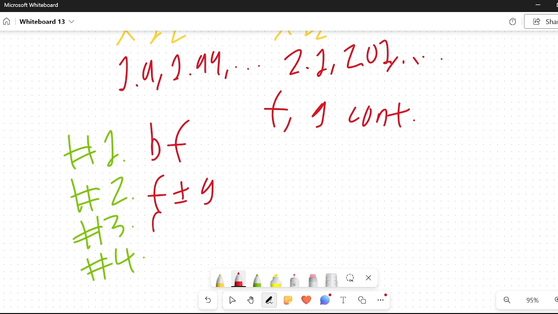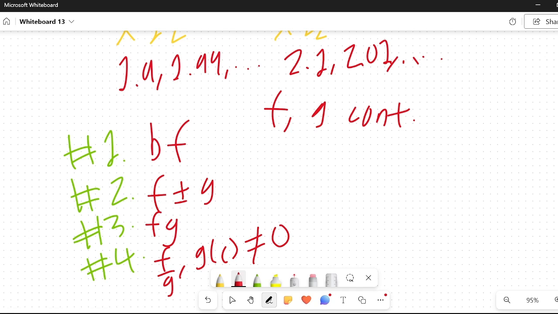F multiplied by g is also continuous, and f over g is also continuous so long as g of c is not equal to 0. Of course, there's a proof for this, which we might cover later down the line.